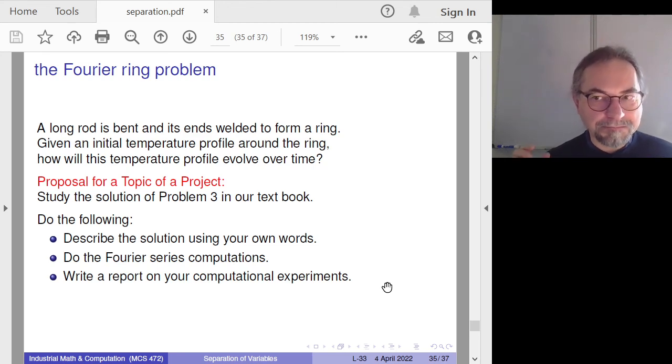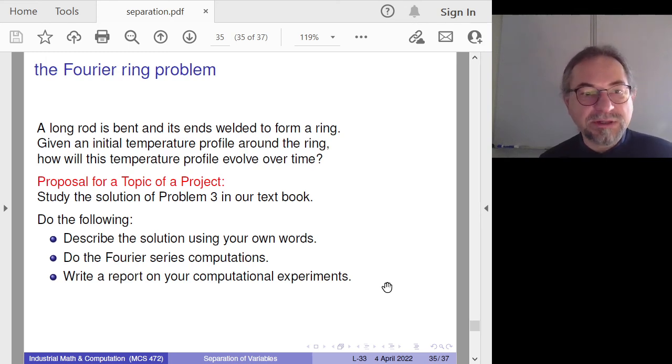The purpose of this project is that you start by studying this solution, and once again, even if you're not interested in this particular project, please read the textbook. Studying another problem gives you a broader sense of the usefulness of this model.